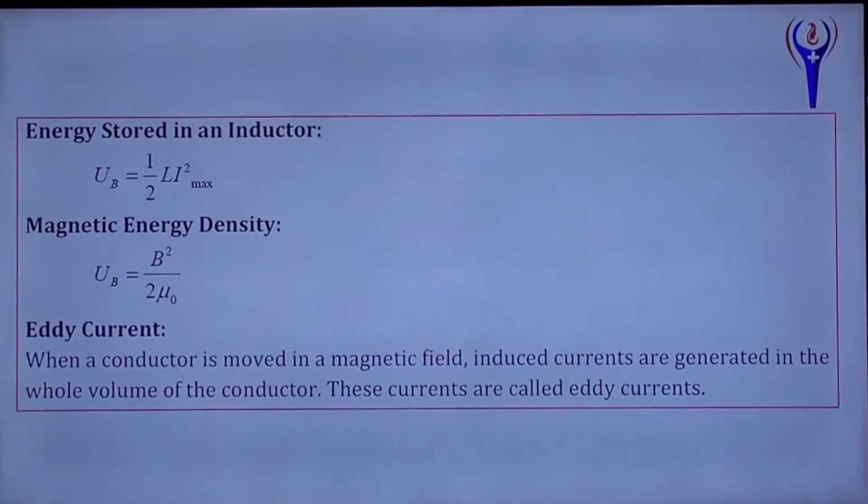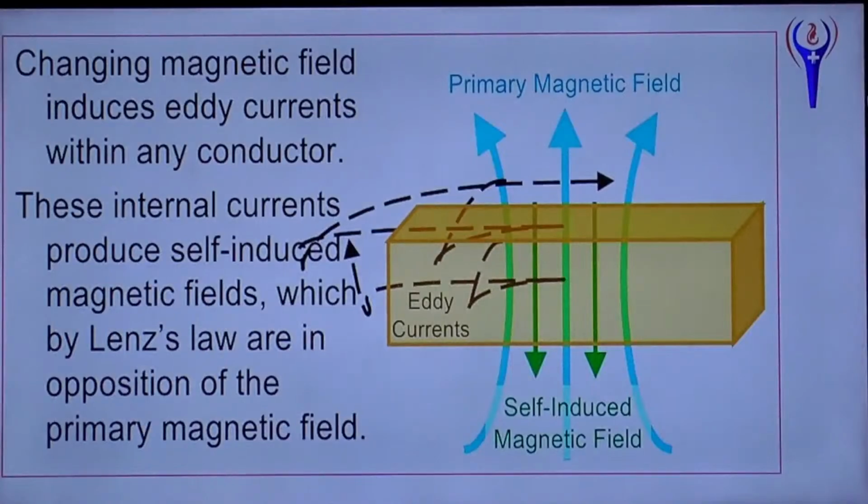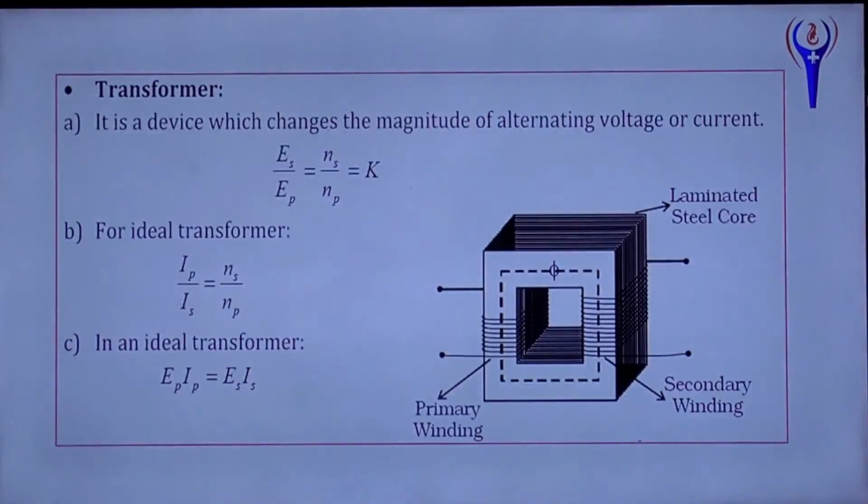This we discussed: change in magnetic field induces eddy current within any conductor, so that change in magnetic field takes place in the entire material.